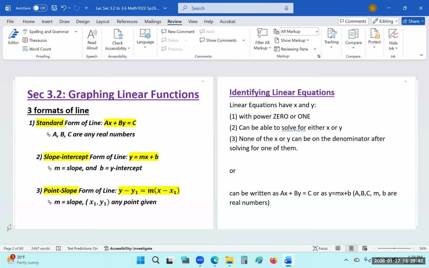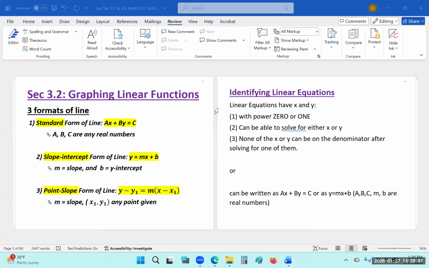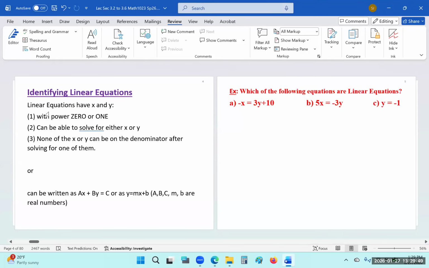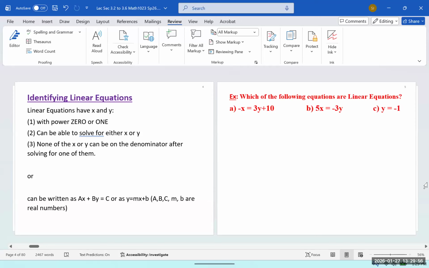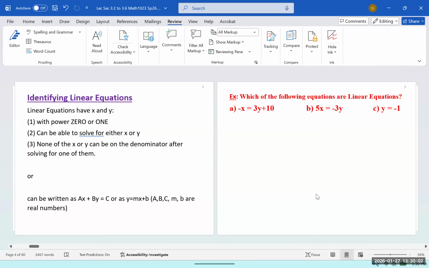Now let's do some examples so you'll see what I mean. We have three equations here. We have to identify which of these are linear functions, or whether we have any linear function there.